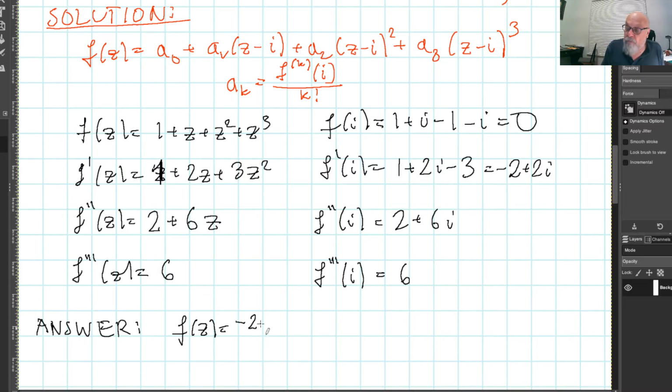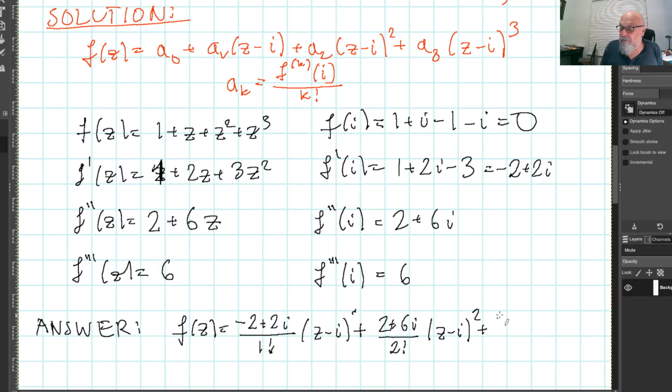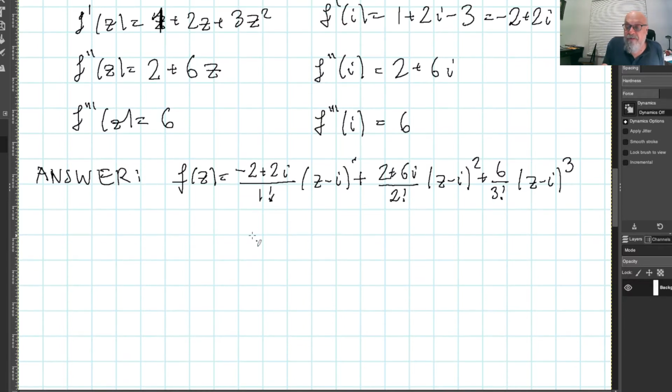This is (minus 2 plus 2i) divided by 1 factorial, and this is (z minus i), and then you have plus the second one, which is (2 plus 6i) divided by 2 factorial, and this will be (z minus i) squared, and this will be 6 divided by 3 factorial, (z minus i), and this will be cubed. So we have it. So maybe let's simplify it.